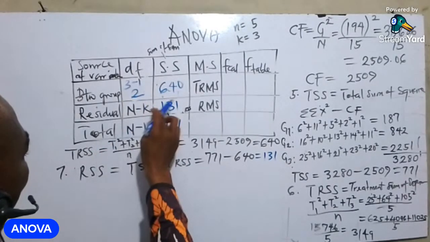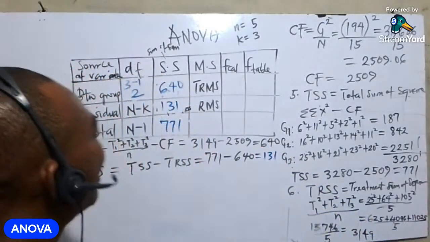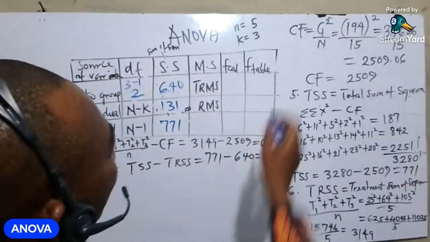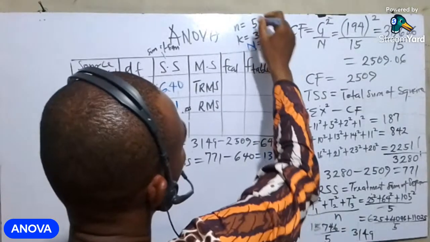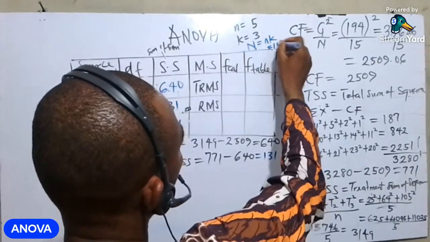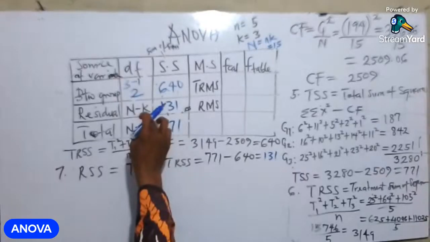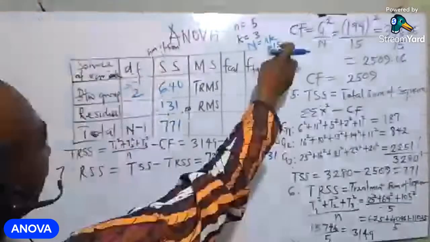So N minus K. N, you remember your N. Our capital N is small n, which is the number of observations multiplied by the number of groups, which is equal to what? 15. I think you remember that. So this place now is N minus K, capital N, which is 15.